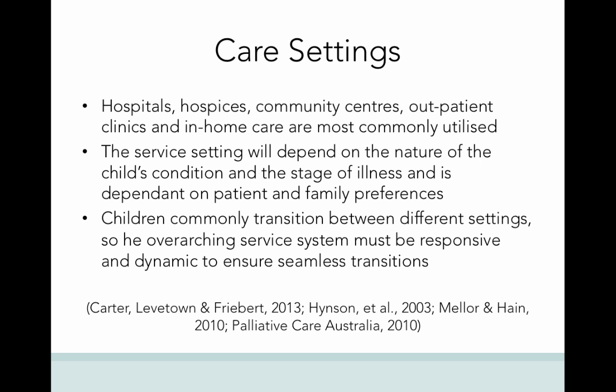Generally speaking, the service setting will depend on the nature of the child's condition and the stage of illness, and ultimately is dependent on patient and family preferences. Accordingly, it is not uncommon for children to transition between different settings, utilising each for a particular issue or set periods of time. Here, it is imperative that the overarching service system is responsive and dynamic to ensure that the transition is as seamless as possible.